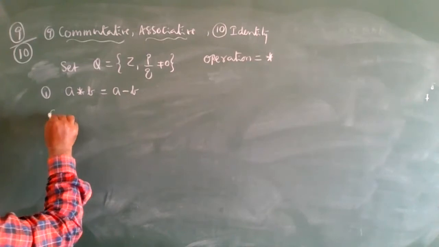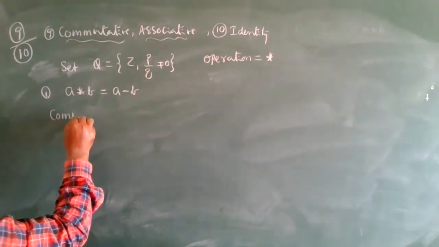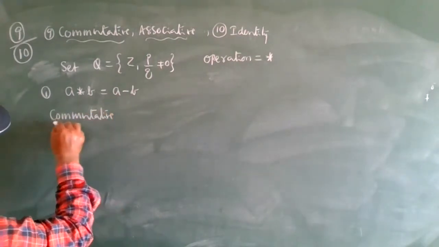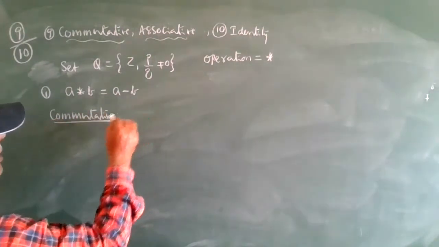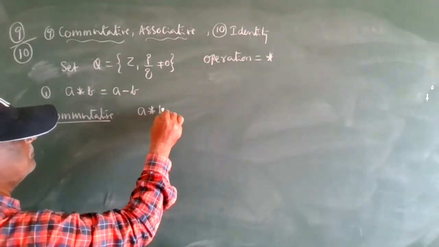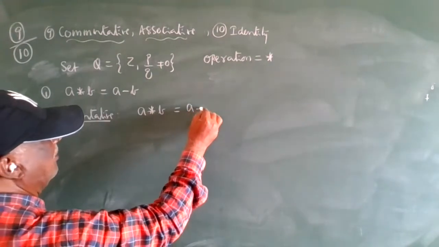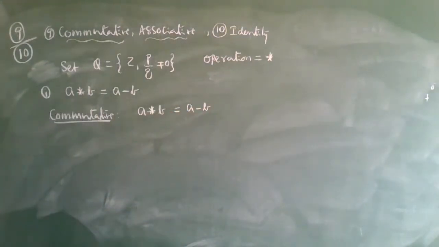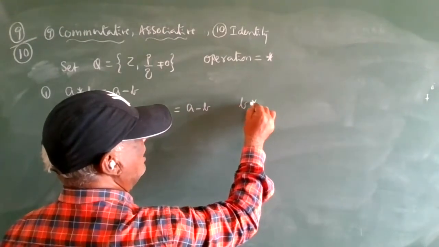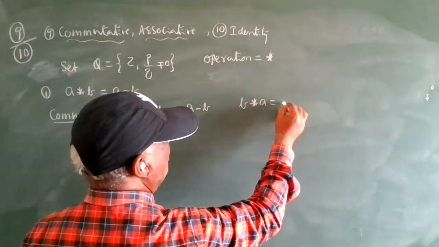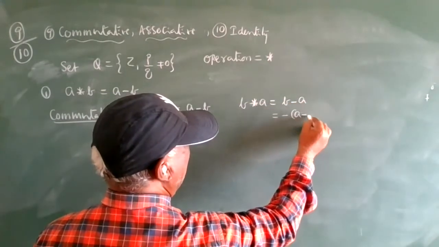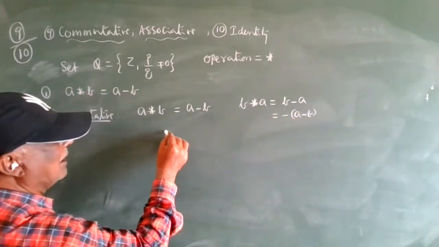Commutative: first find A star B, that is equal to A minus B. Find B star A, that is equal to B minus A, which is the negative of A minus B. Both are not equal.